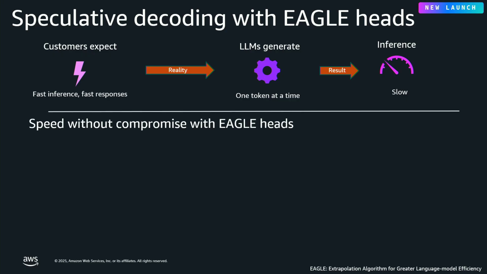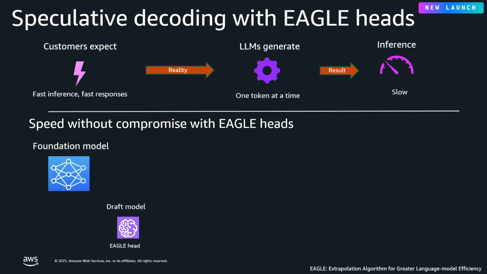Here come Eagle Heads: speed without compromise. So you increase the throughput without compromising on your quality. The way it works is you have your foundation model, and you also have your Eagle Heads playing the role of the draft model that are actually generating the next n consecutive tokens.